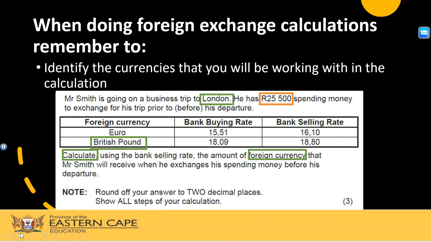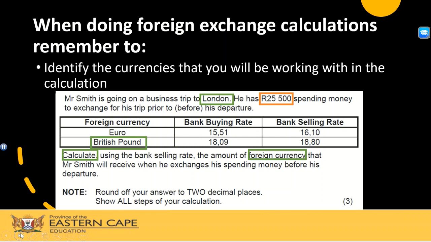What are you required to calculate? The amount of foreign currency. Where is that foreign currency? That foreign currency is used in London, and London uses the British pound. So all of the green blocks are relevant here.